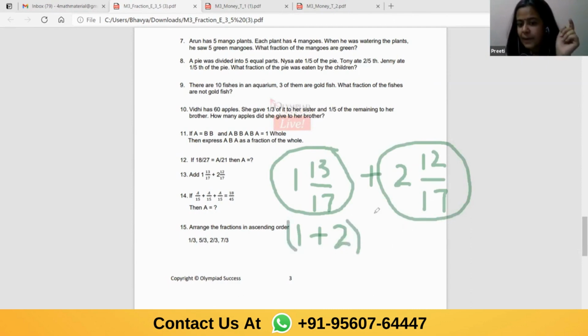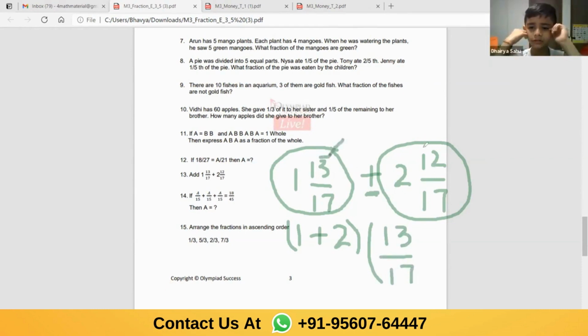I am putting a plus sign between them because here I have a plus sign. And I am putting another bracket and I am writing 13 upon 17, which is given to me here, and then I am writing 12 upon 17 with an addition sign because I have to add them up.